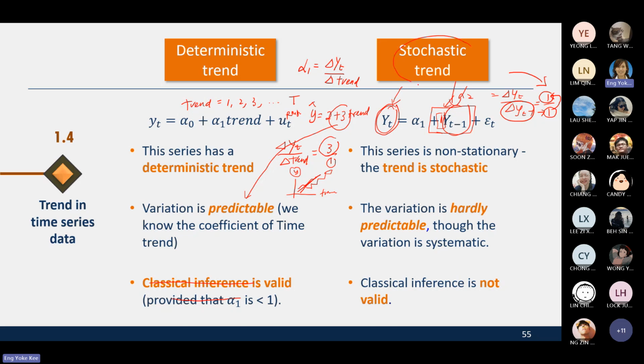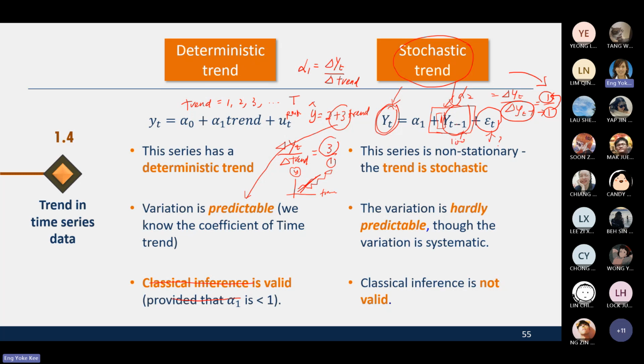This is what we call a stochastic trend pattern, whereby what happened in the past will be fully reflected in the next period. So how much is this year's value? We don't know, because there is a random component here. You don't know how much this is. And the effect is 100%.